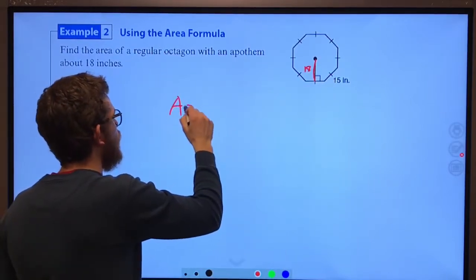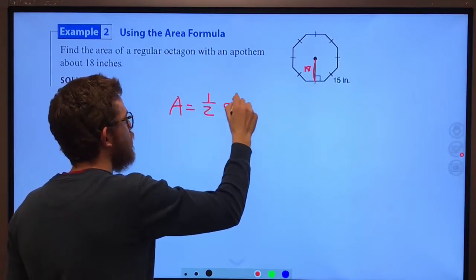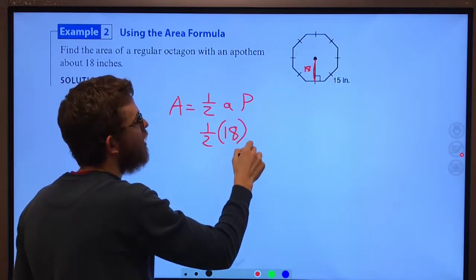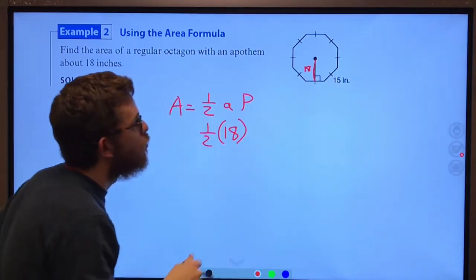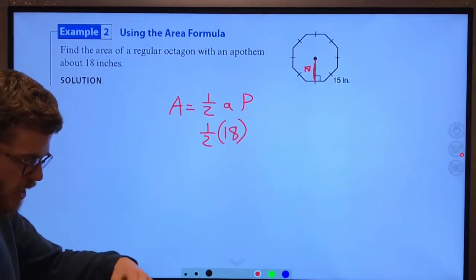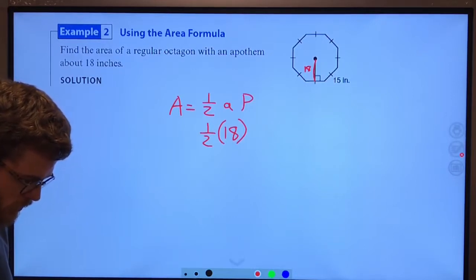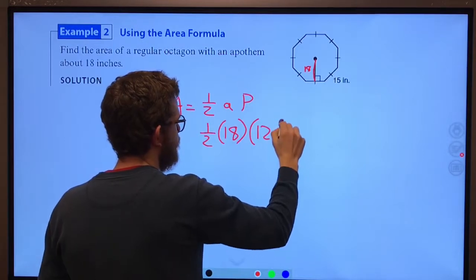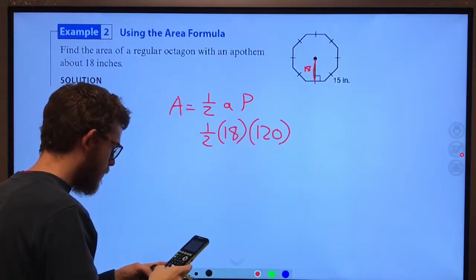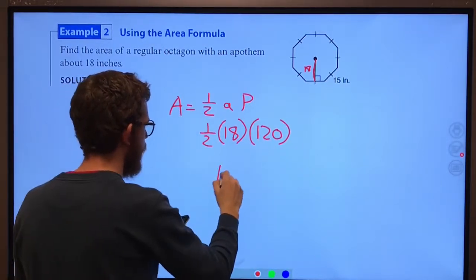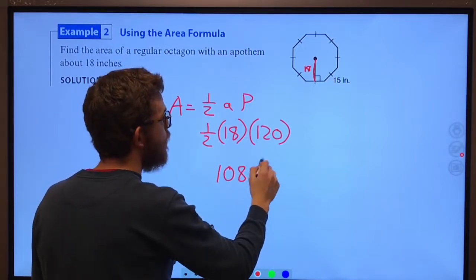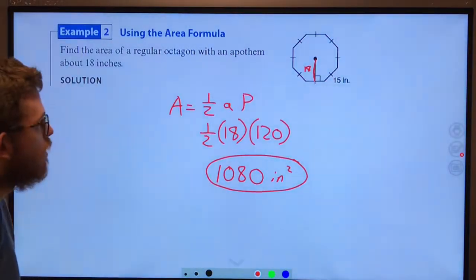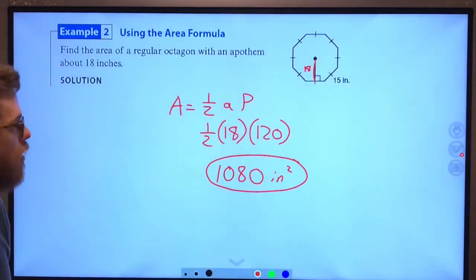We know the area of a regular polygon is 1/2 the apothem times the perimeter. So that would be 1/2 times 18 times our perimeter. Well, if one side is 15 and this is an octagon, the perimeter must be 120. And so we plug that in. This is the area of our octagon.